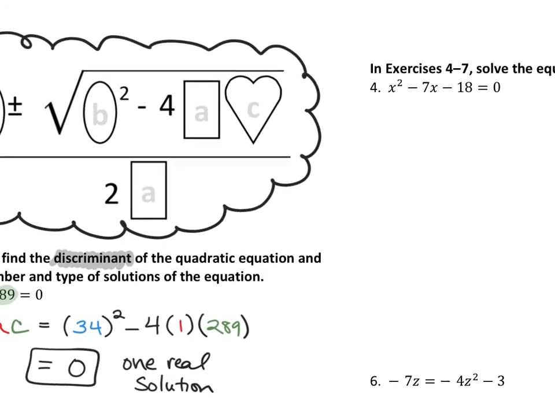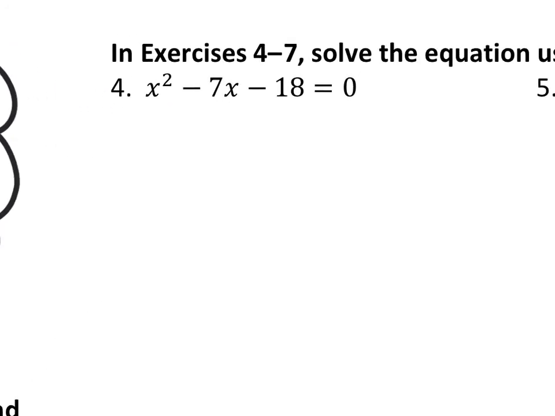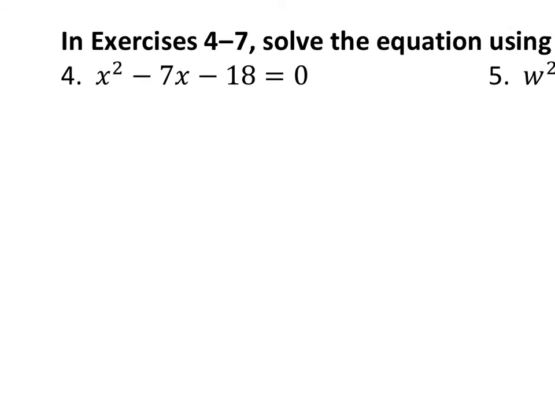Okay? I'll help you out on the first one for this. In number 4, to solve it, we need to identify A, B, and C. What's the A value here? 1. So if that was part of my picture, that's going to be the square, is the number 1. What's the value for B? Negative 7.